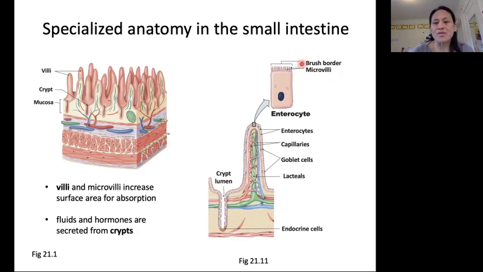The microvilli sort of collectively are referred to as the brush border of the intestinal wall. Okay, so we have that. In addition, we have these invaginations called crypts from which we secrete fluids and hormones that are going to help with the digestive process.